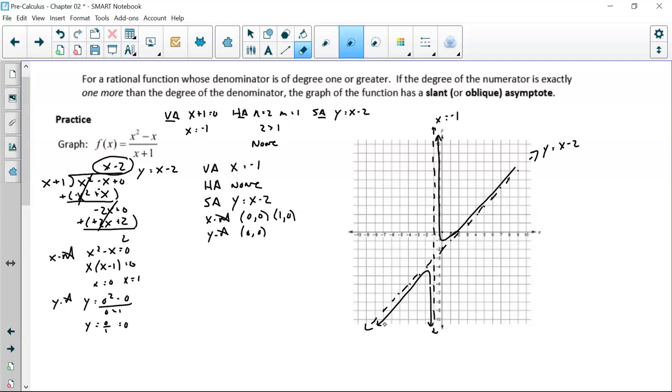The range is messier because we don't know exactly where those points are. We'd have to do a lot of extra work to find it for this one. So my domain is all I'm going to care about. The only thing I can't have is negative 1. So negative infinity to negative 1, union negative 1 to infinity. Don't worry about the range for that one.